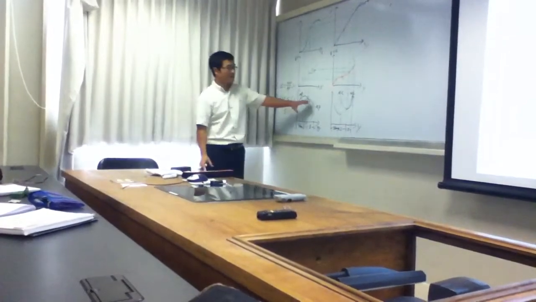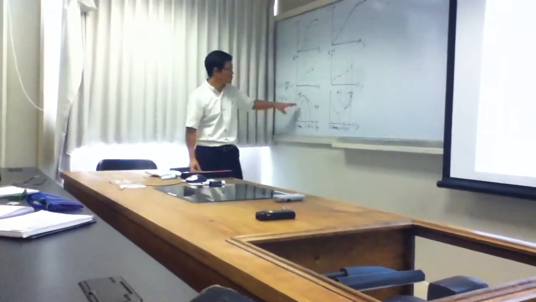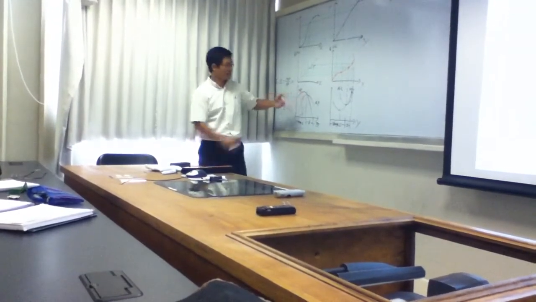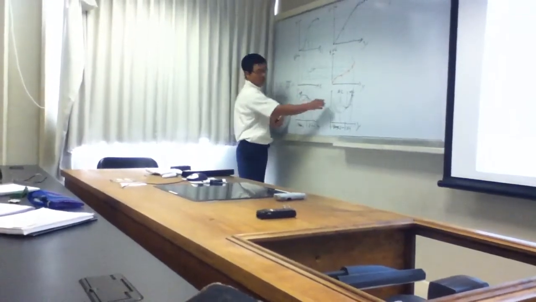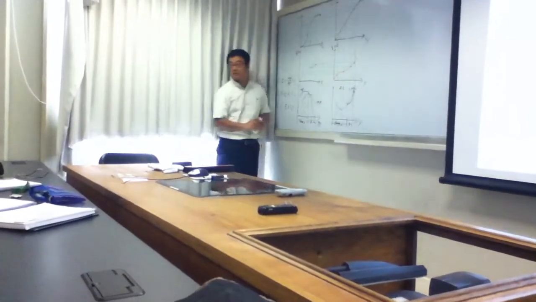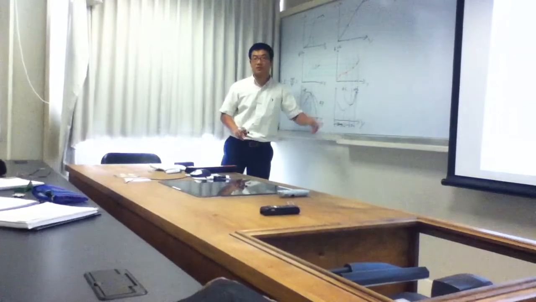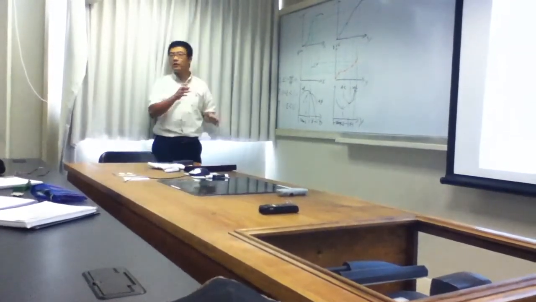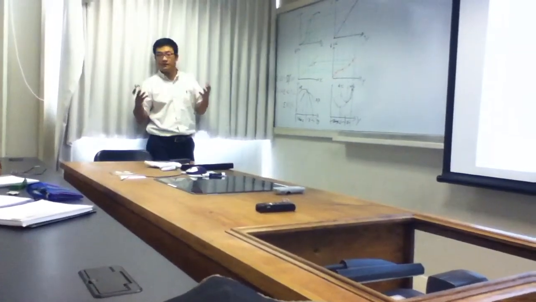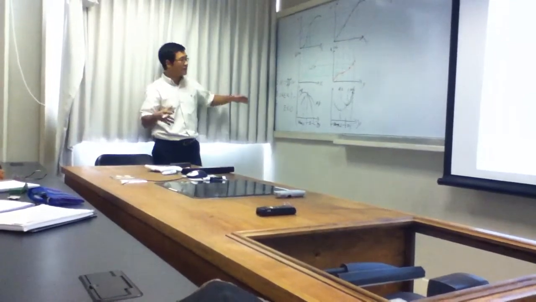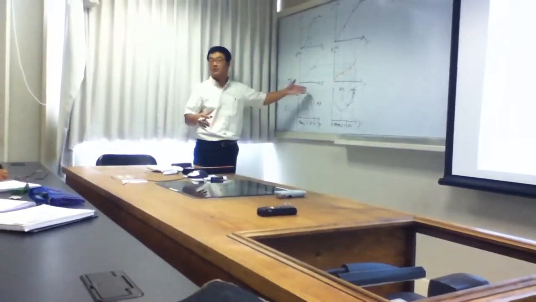Again, this marginal cost curve has to do with the marginal productivity curve. It's kind of the inverse of this if you look at here. And average product has to do with average cost. There's a one-to-one correspondence between the cost function and production function and the associated functions.